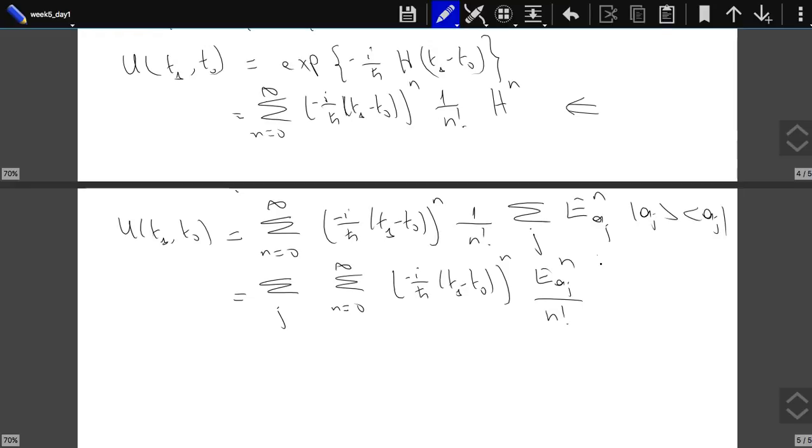My Sz operator is h bar over 2 plus plus minus minus, alpha of t.